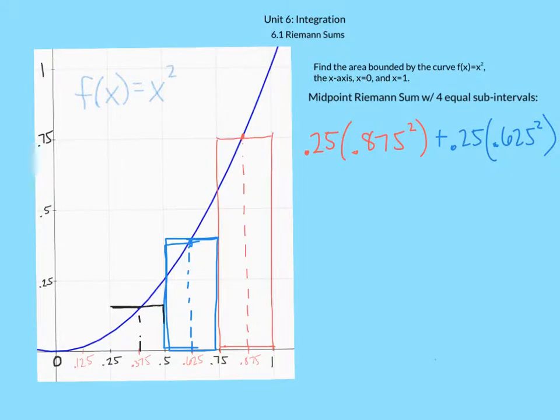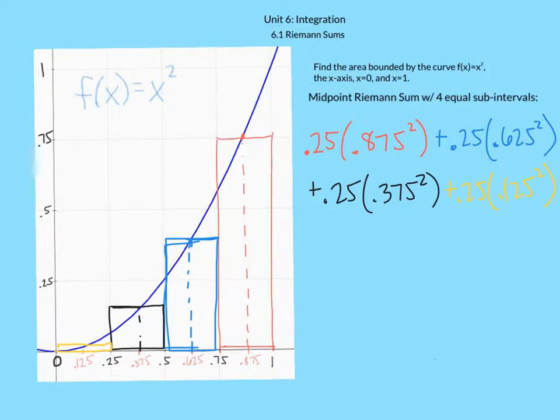That's our other midpoint. So that one is 0.25 times 0.375 squared. And our last one is tiny. It's the base of 0.25 and the height provided by our x value of 0.125, so 0.125 squared.